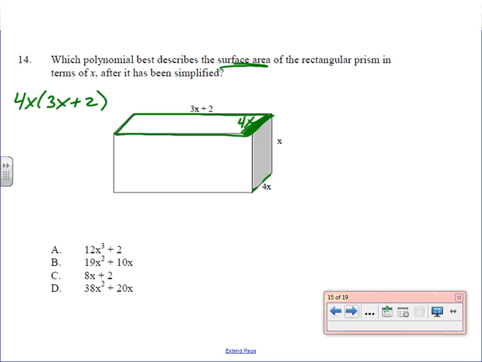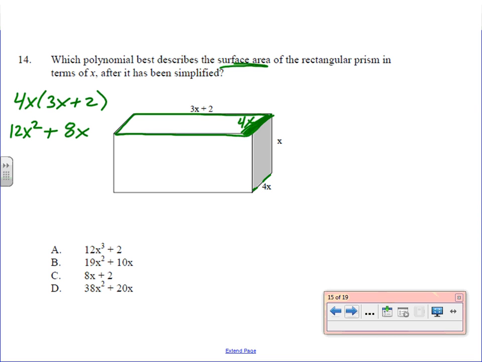Distributive property. 4x times 3x is 12x squared. 4x times 2 is 8x. Now here's the catch. That represents the top of the box. Wouldn't the bottom piece down here be exactly the same size as this one?